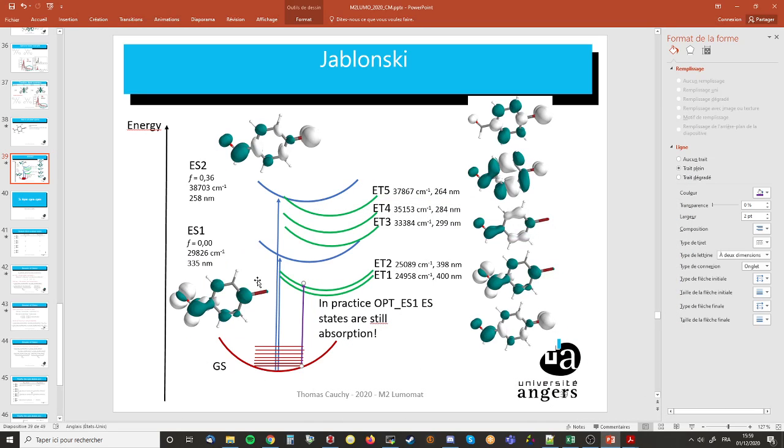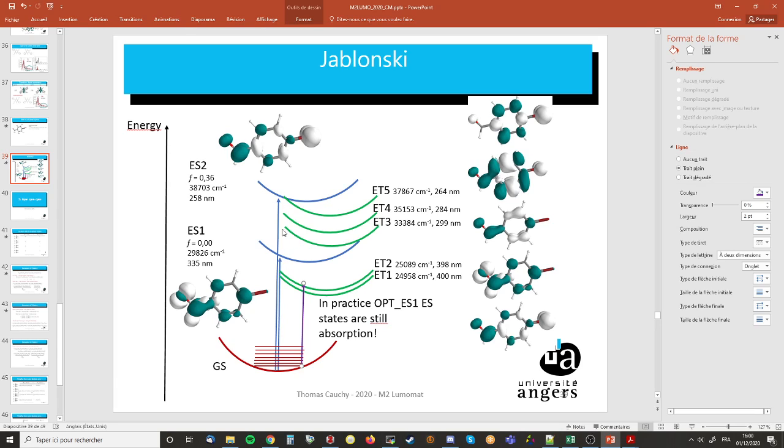So, ground state calculation, frequency calculation, TD-DFT calculation of the singlet, of the triplet, but I think that for you, no one has asked for the triplets.